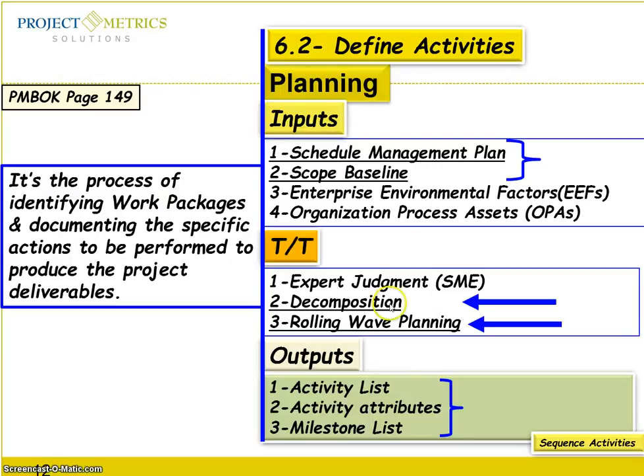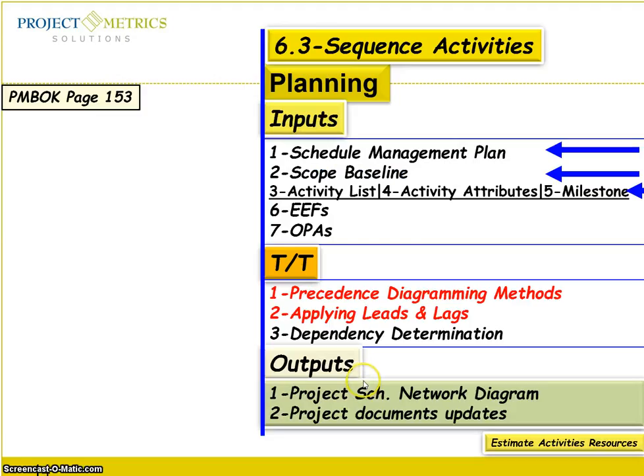When you define the activities, you have the activity list. You are going to use it as input when you are going to make sequence activities. Tool and technique here, these two expressions, I'd like you to look at them again: precedence diagramming method and applying leads and lags. The output here, the project schedule network diagram and the project documents update.